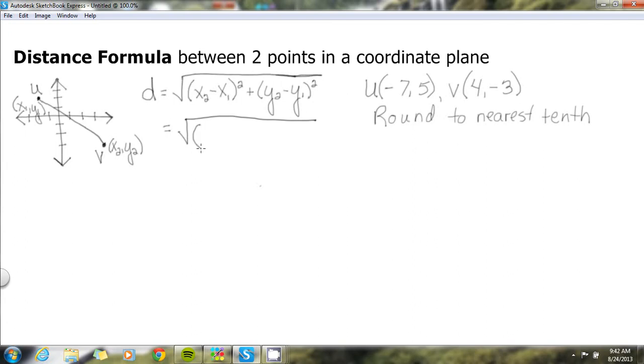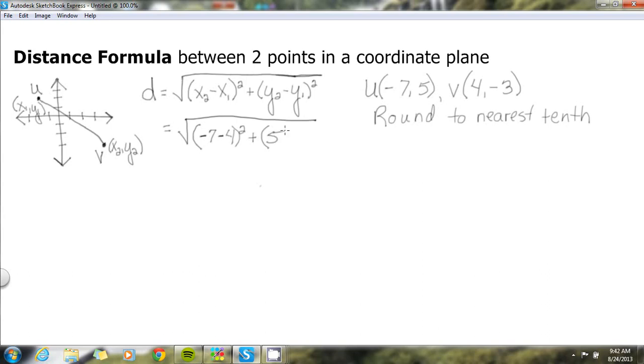Let's say I chose to use -7 first. So what I'm doing is taking the difference in my x's, -7 minus 4, quantity squared, plus, now what does matter is that since I chose to use point U's x first in my formula, I must use point U's y first as well.